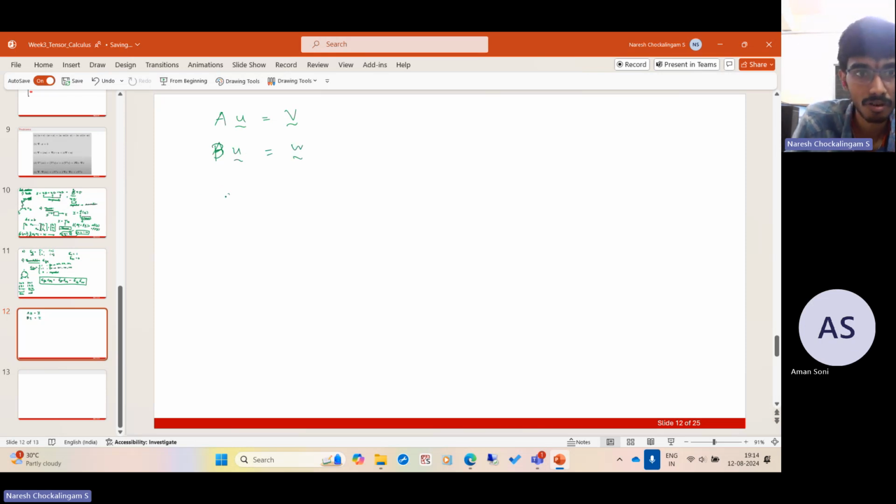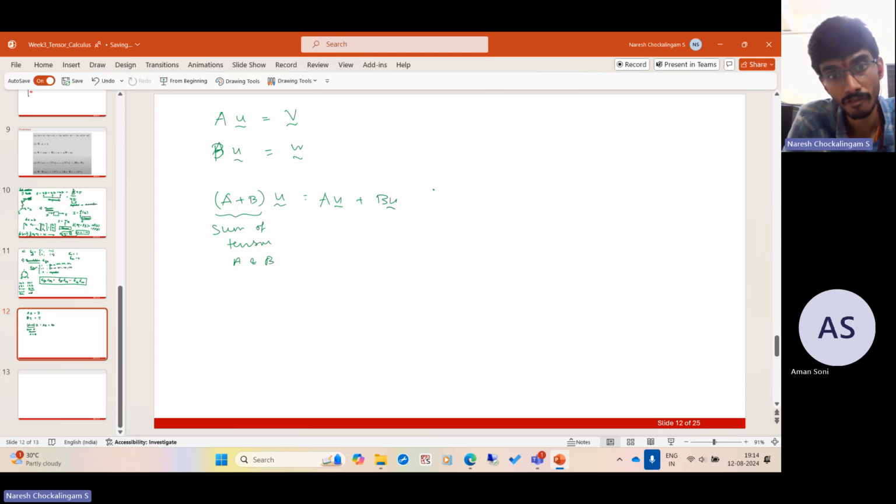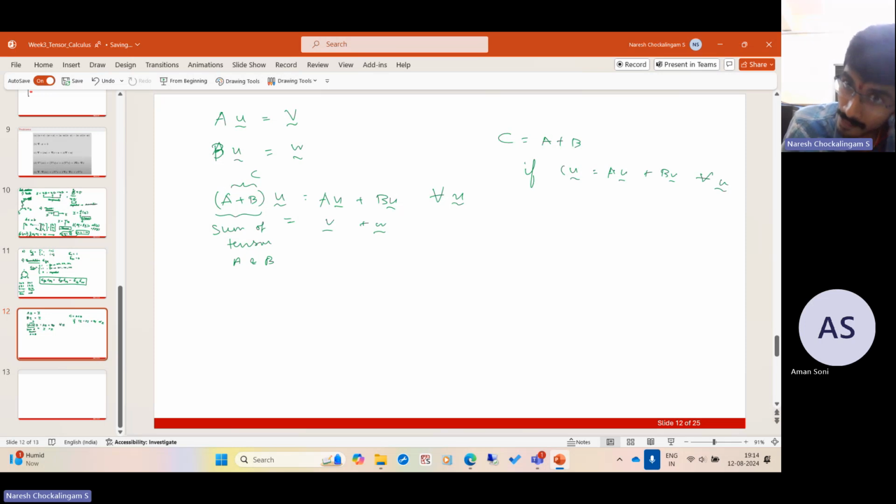So A plus B is defined as the sum of tensors A and B. We say C is equal to A plus B if CU is equal to AU plus BU for all U. This is how we define the sum of two tensors.